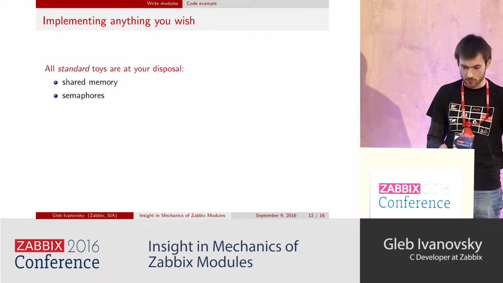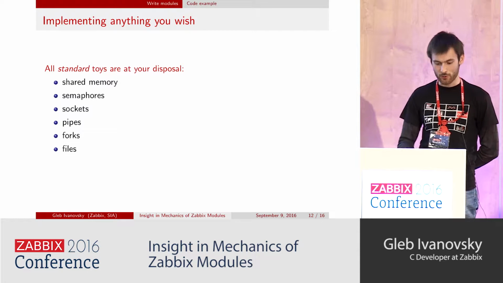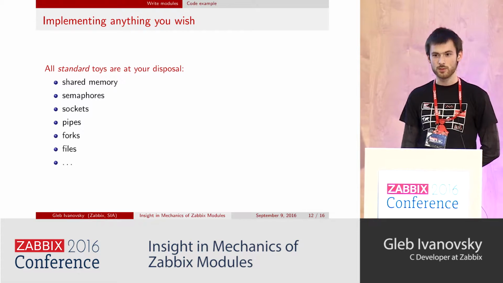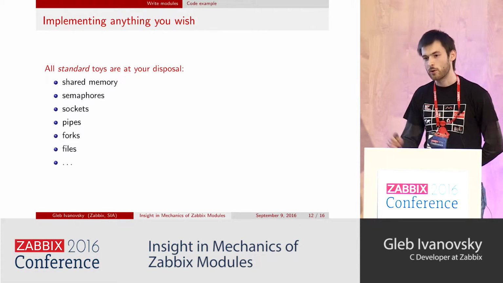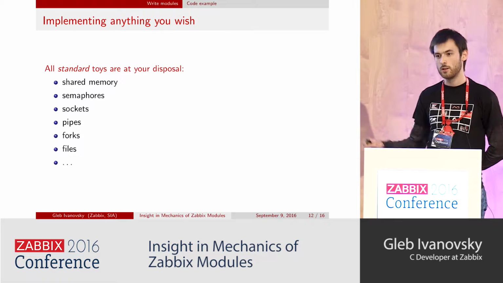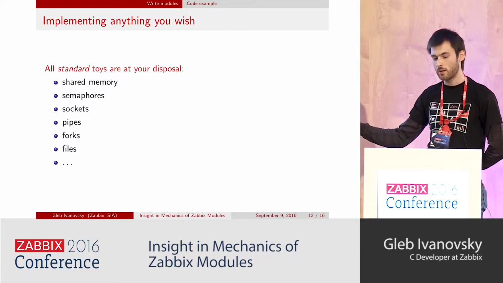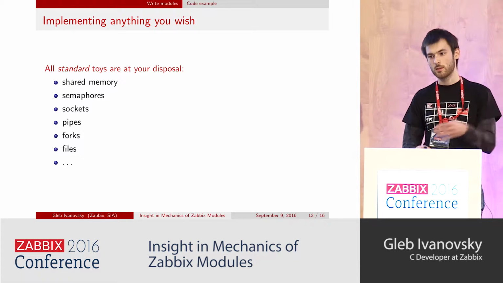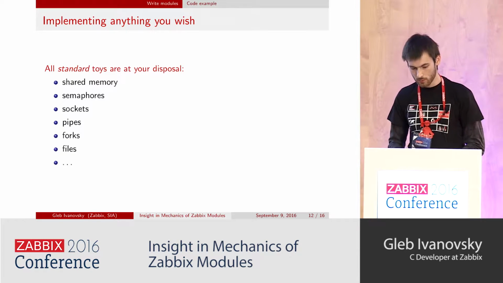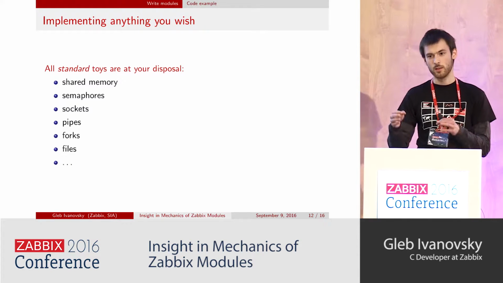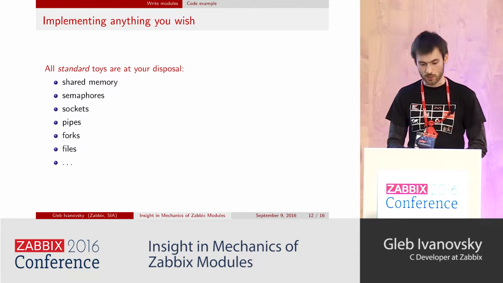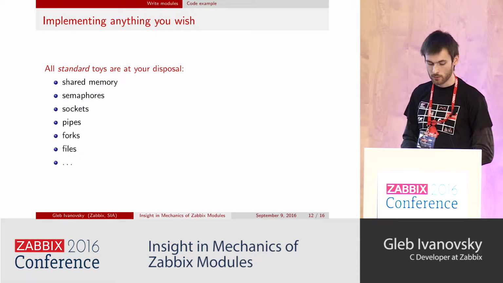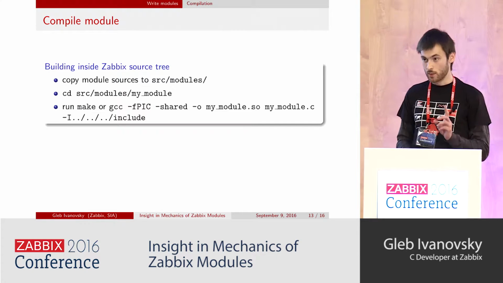You can use shared memory, semaphores, sockets, pipes, forks, files, etc. So basically, in module initialization function, you can fork a separate process which will deal with connection to your database, and all history syncers will pass history data to this process, and then it will be sent somewhere else to make it more efficient. You can implement anything you want if you invest enough time.